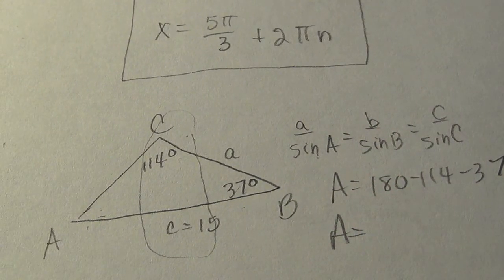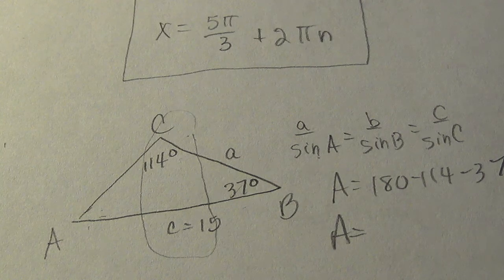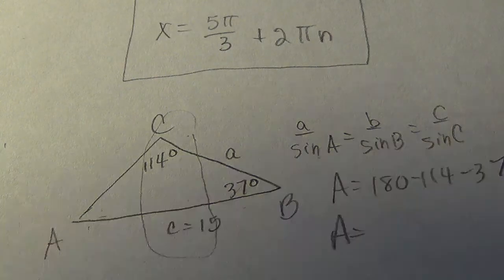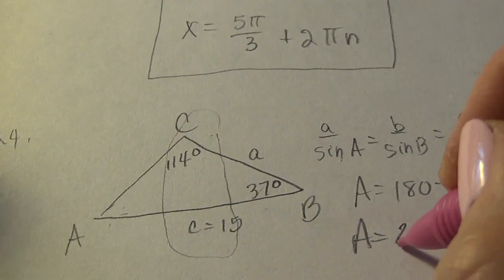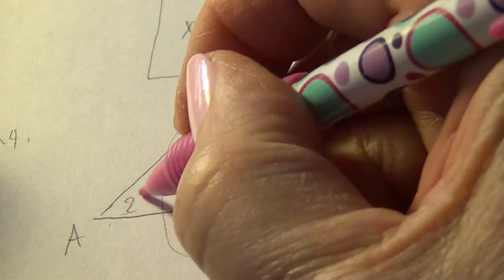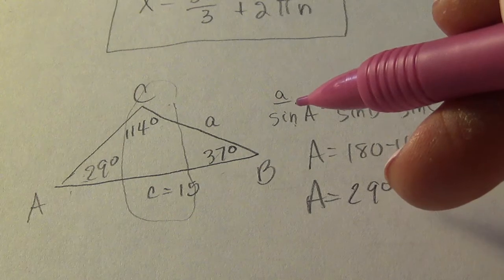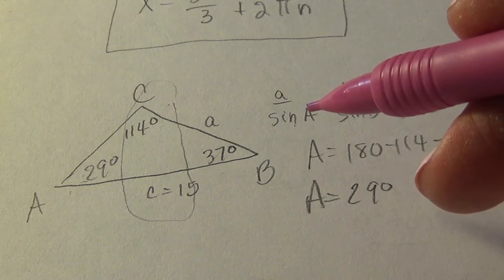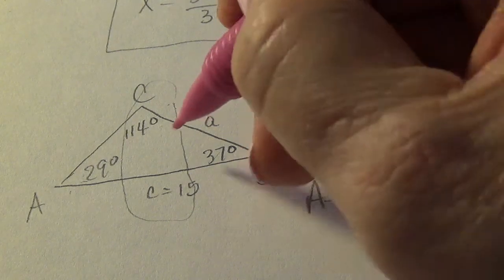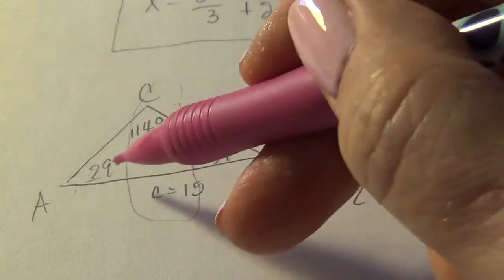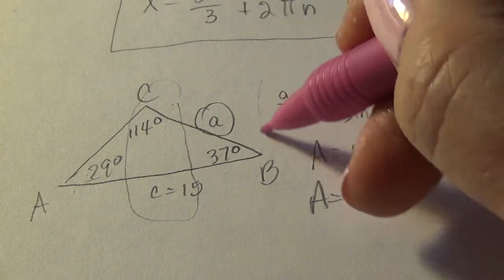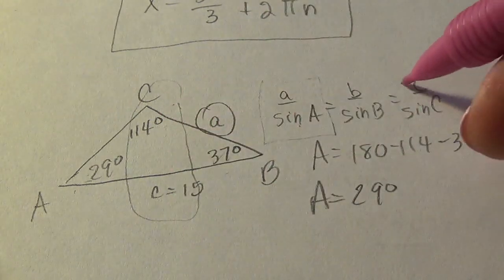So angle A is 29 degrees. Now the question asks us to find little a, so I needed to find the angle across from it. So I'm going to use this proportion along with this one.